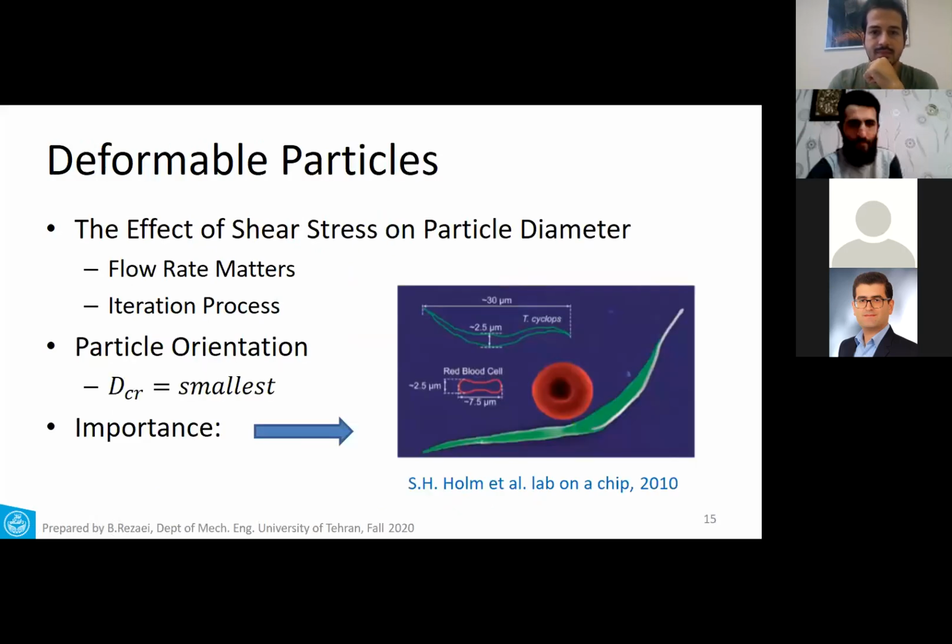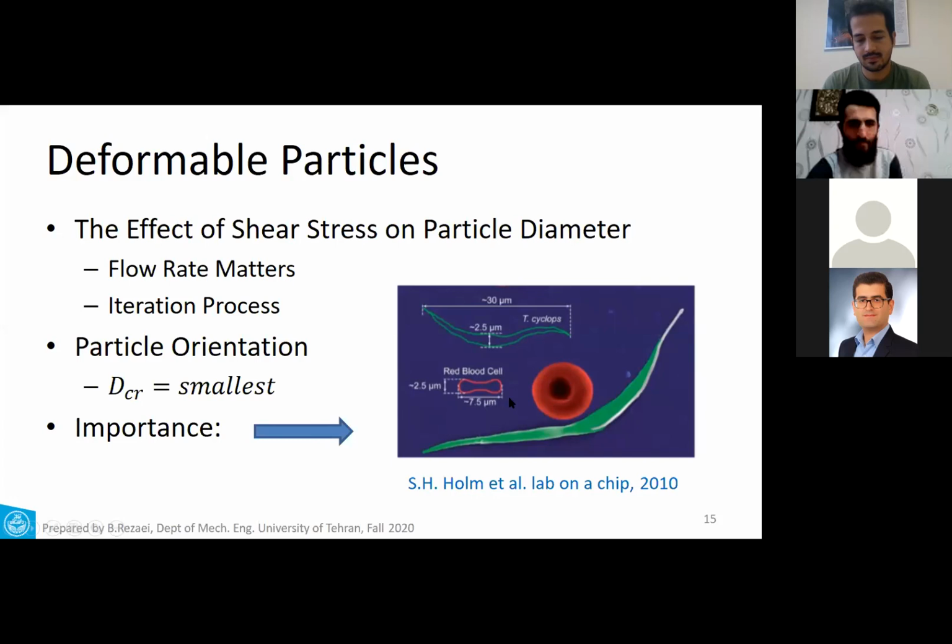Okay, maybe here is the most interesting part, deformable particles. What I've told you up to now was about solid particles, rigid particles. I told you about polystyrene particles, but we really want to separate bioparticles. Bioparticles are not necessarily spherical. And you can see here, I've brought research of Mr. Holm. He did it in 2010.